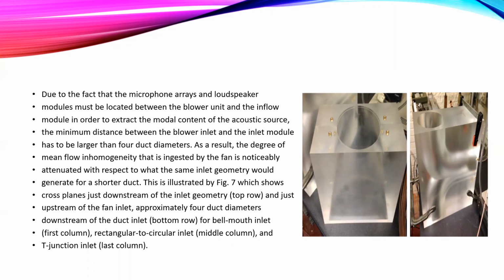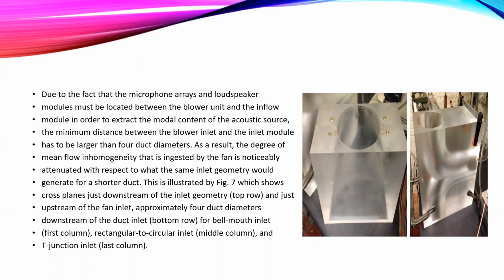This is illustrated by figure 3, which shows cross planes just downstream of the inlet geometry and just upstream of the fan inlet, approximately 4 duct diameters downstream of the duct inlet, for the bell mouth inlet, rectangular to circular inlet and T-junction inlet.